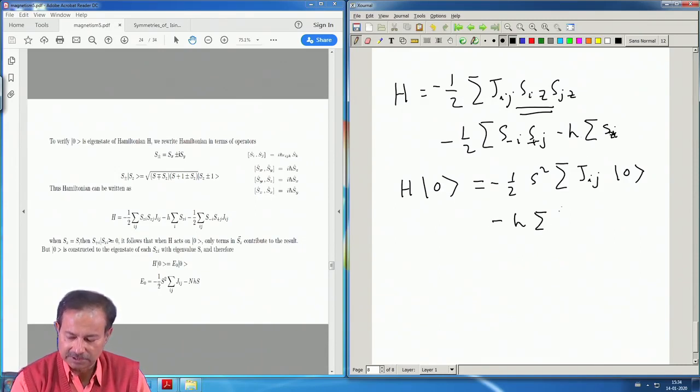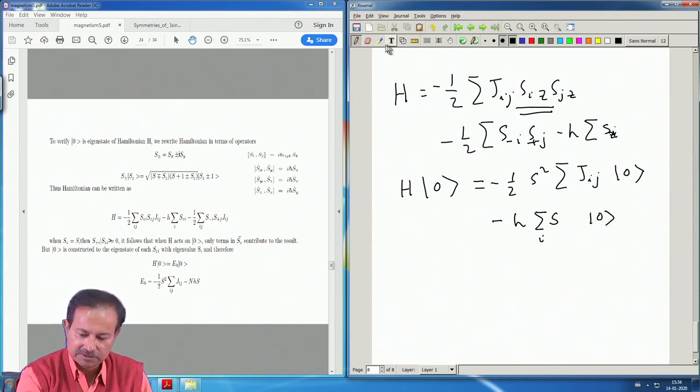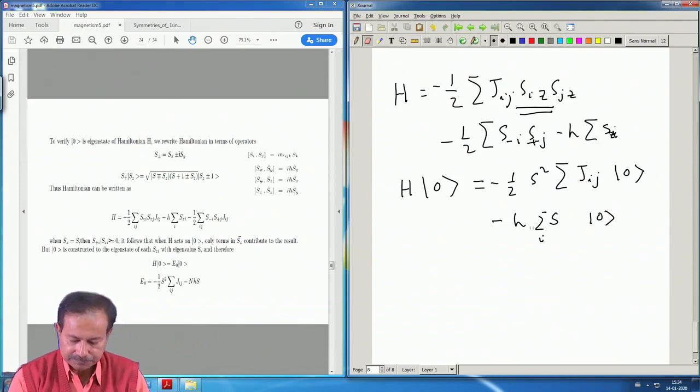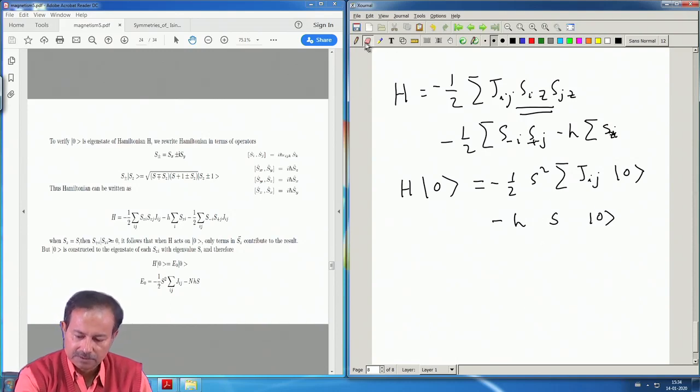That will again give me sum over i, basically all S. So, every spin will give me S operating on |0>. So, this will be n times S, where n is the number of sites. So, this is h times n times S.